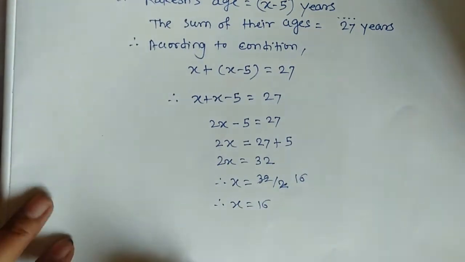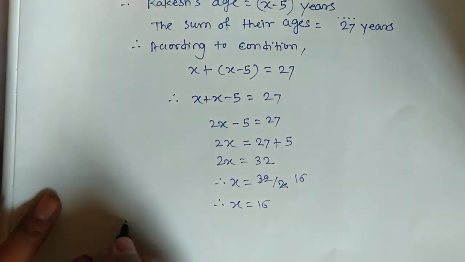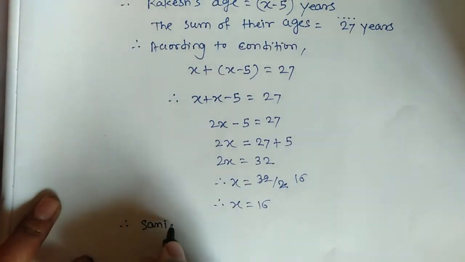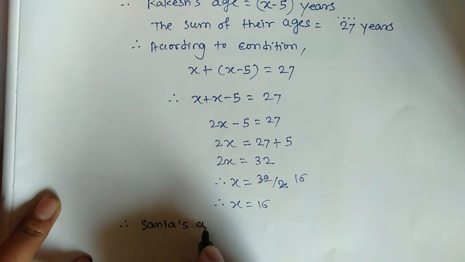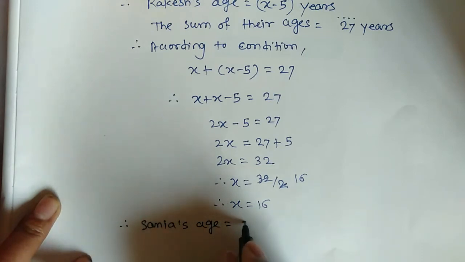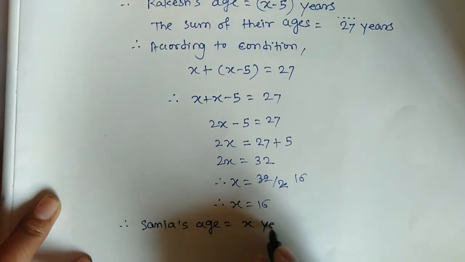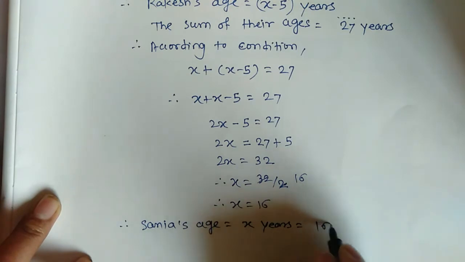And what is the x? X is Sania's age. Therefore Sania's age is equal to x years, equal to 16 years.